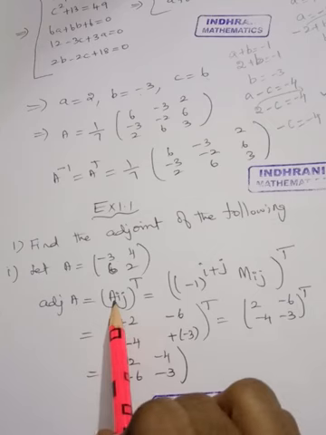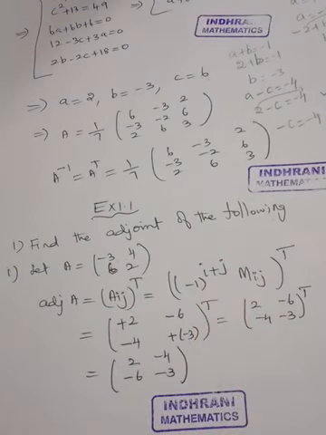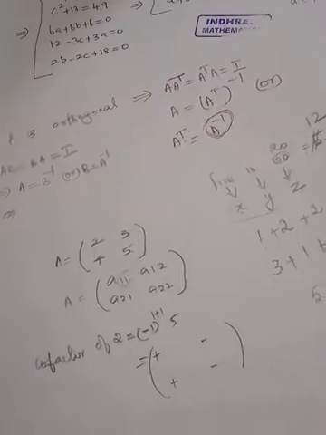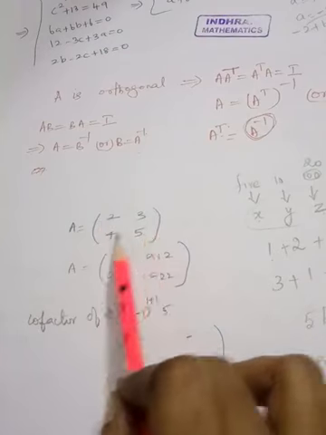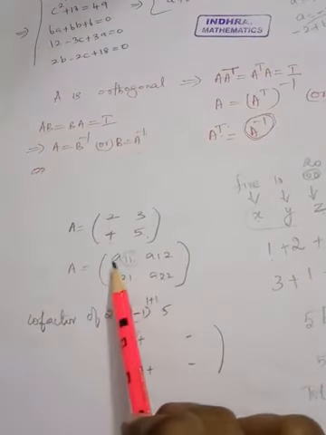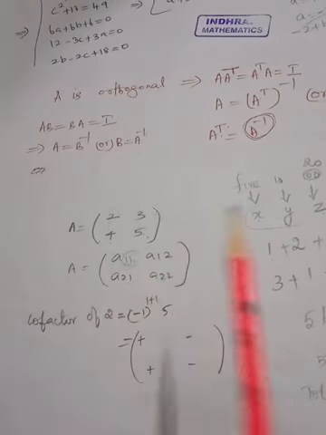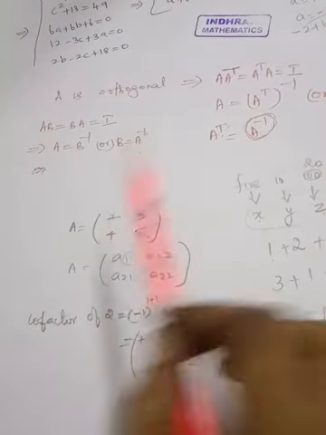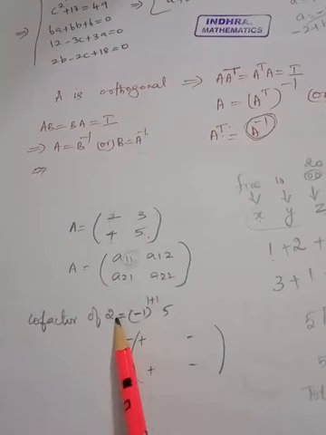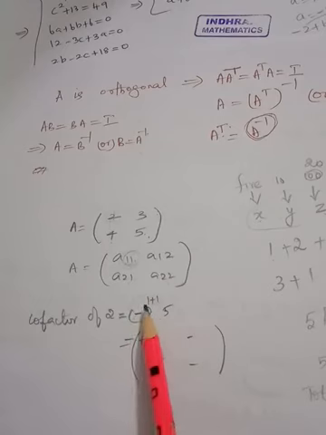What is the cofactor of the matrix A? Signed minor. How will you find the sign? Let us take this example. For a 2 by 2 matrix, if you take A as 2, 3, 4, 5, our usual notation is A11, A12, A21, A22. If you are going to find the cofactor of the element 2, that is minus 1 power 1 plus 1 into the minor.